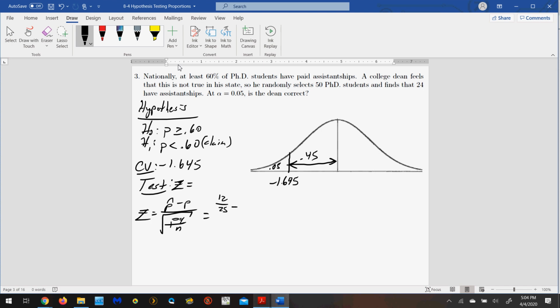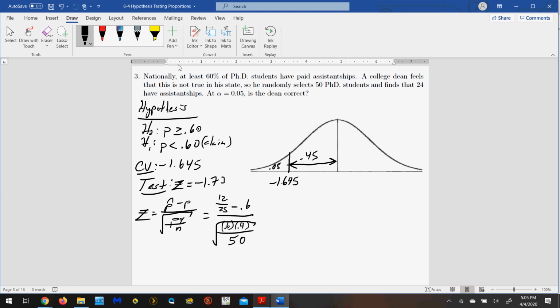Minus 0.60, or even just 0.6 is okay. Then I would have 0.6 times 0.4, all divided by my original amount, which is 50, square rooted. Put all of this into a calculator, and you should end up with negative 1.73.